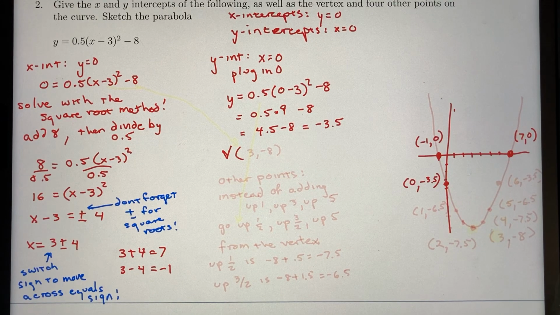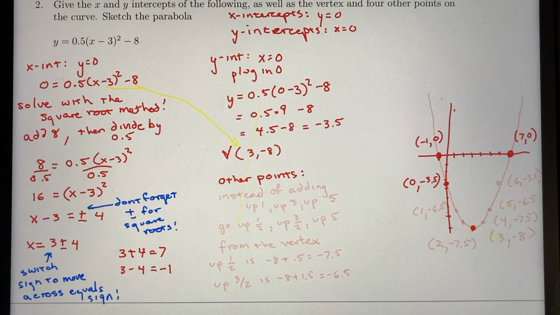This is vertex form, so don't forget we can just take the 2 numbers. Let's see, I've got little hash marks. I'm going to keep going. 4, 5, 6, 7, 8. So 3, negative 8. Okay, other points. And this is following in class, the notes and problem set 52.